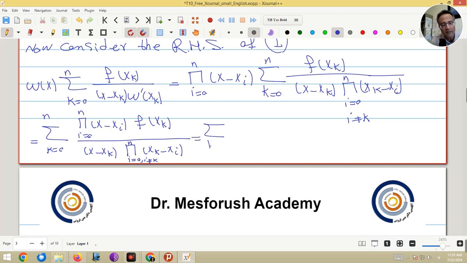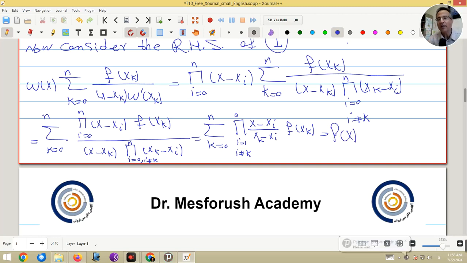We will get the sum over k from 0 to n of the product of x minus xi over xk minus xi for i from 0 to n, i not equal to k, times f of xk. And if you remember the definition of the Lagrange interpolating formula, this is exactly the Lagrange interpolating formula, which was p of x. And this completes the proof.